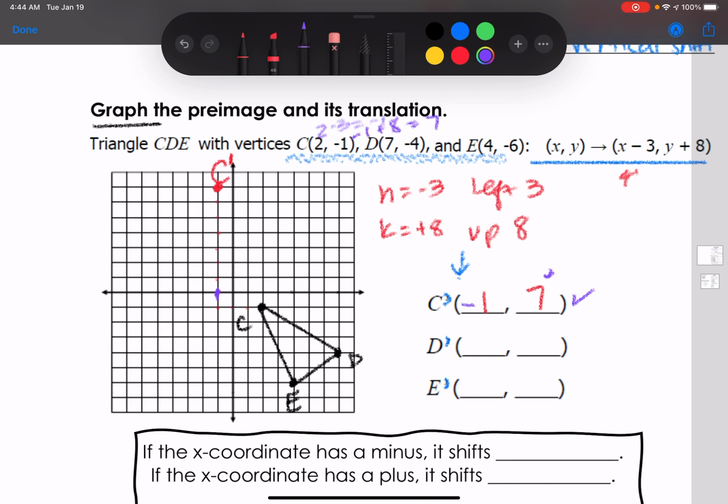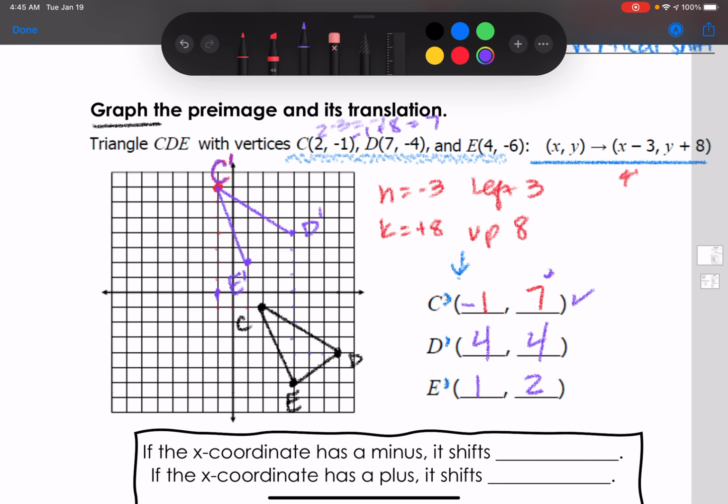So D prime would be 7 minus 3, so 4, and -4 plus 8, 4. So I'm going to go left 3 and up 8, 1, 2, 3, 4, 5, 6, 7, 8. Once you've got it, you are also going to get E prime, which is going to be at (1, 2). Okay, and I'm going to connect these.